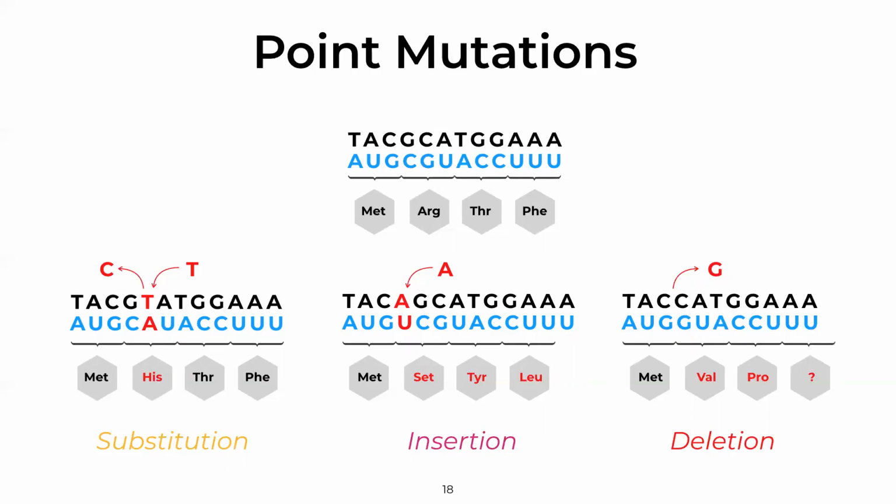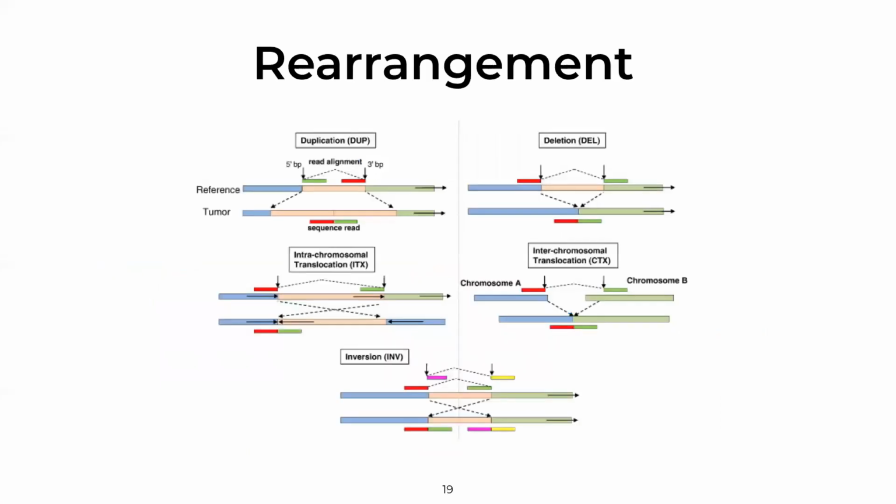There's also insertions. So for instance, adenine being inserted into the nucleotide structure. And what happens then is there's going to be a frame shift in the codon. And then similarly, a deletion can occur where you take a base out, and then that's going to also cause a frame shift. There's also rearrangements.